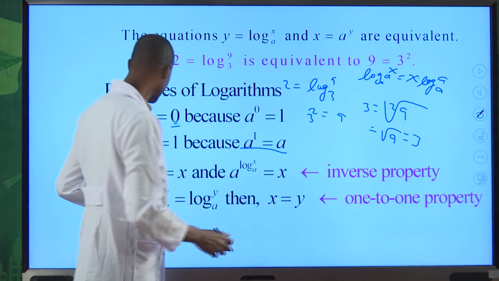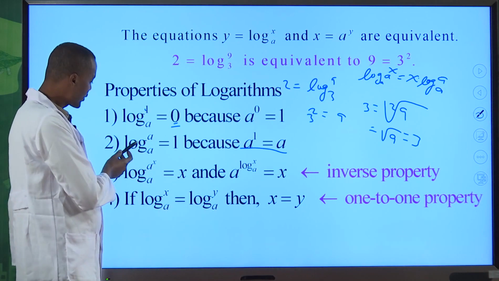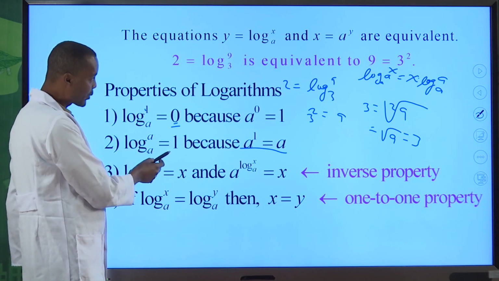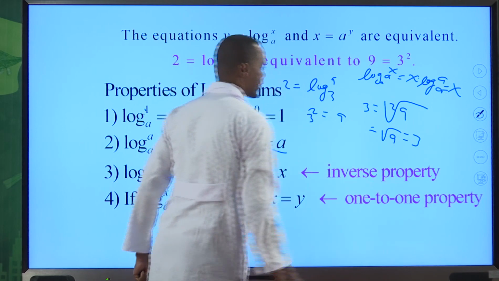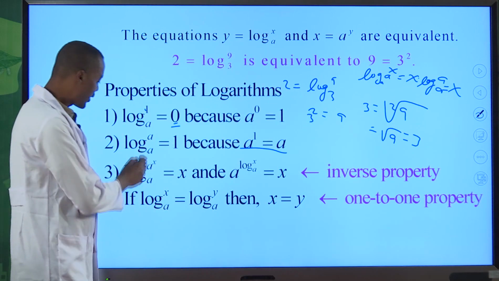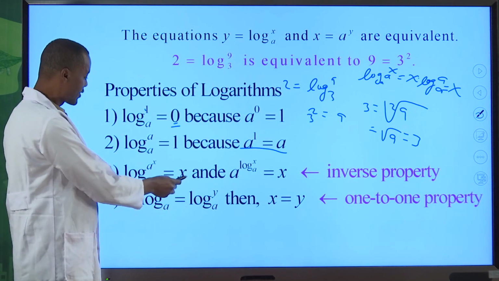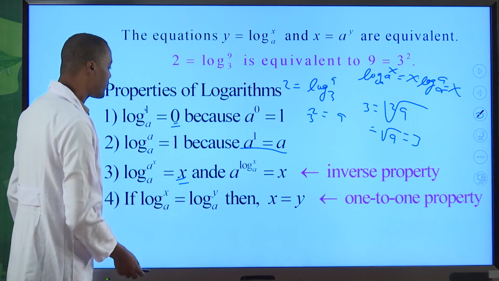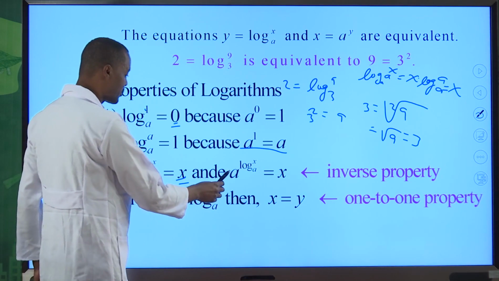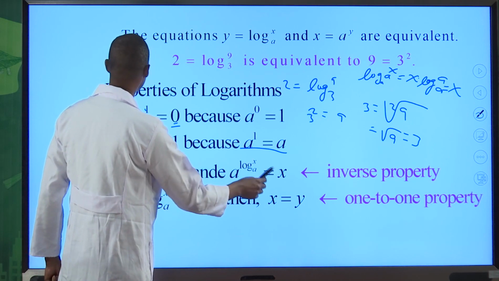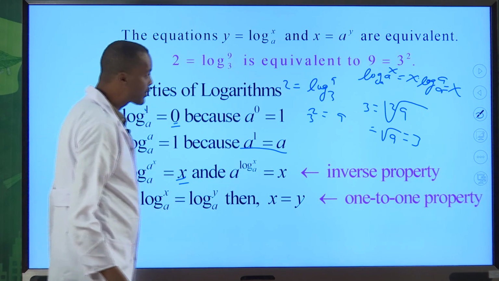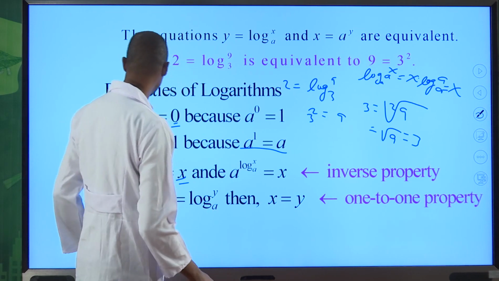And any logarithm to the base itself, as we have seen with the second property, is also equal to 1. So this is simply equal to x. So logarithm of a to the power of x to the base a is simply x. And this is because a to the power of logarithm of x to the base a is equal to x. This is directly coming from the property I showed you earlier.